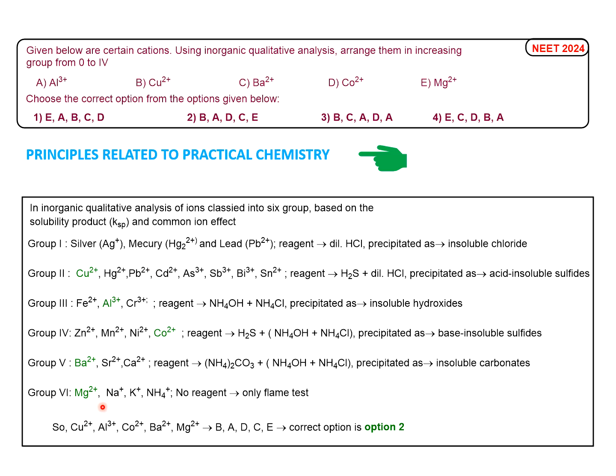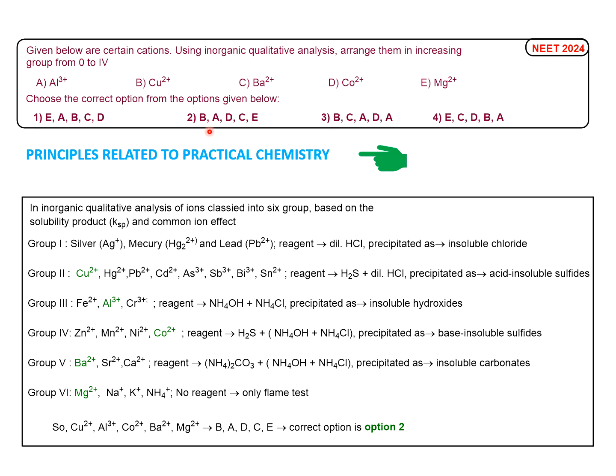So B is first because it is group 2, then group 3 comes, aluminum 3 plus, that means A.